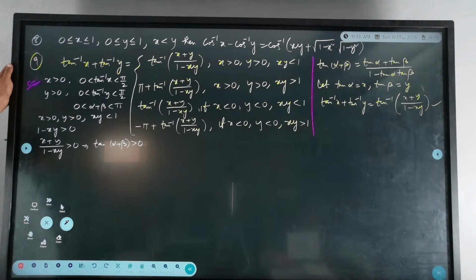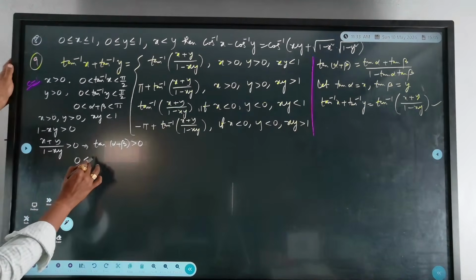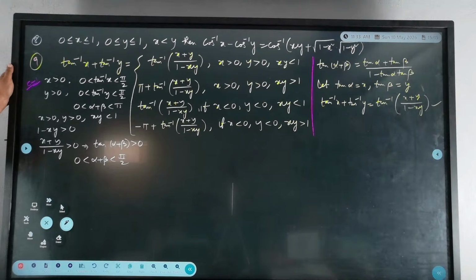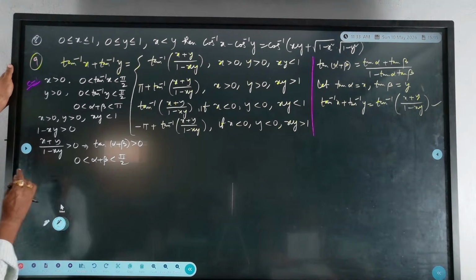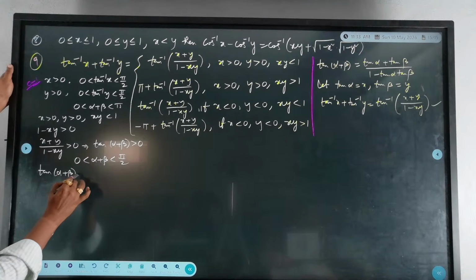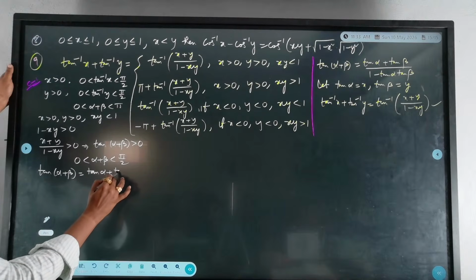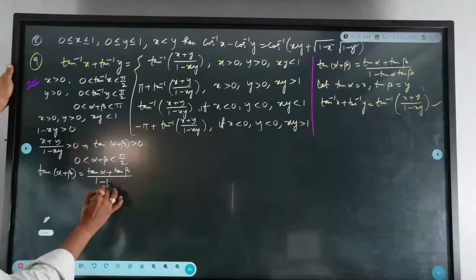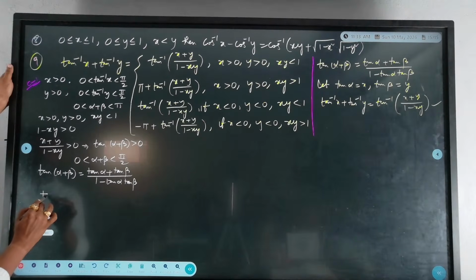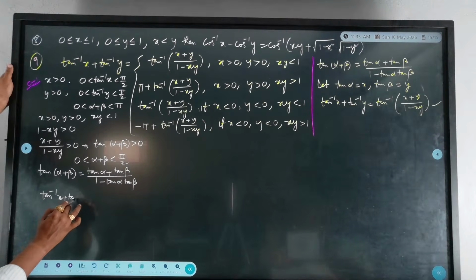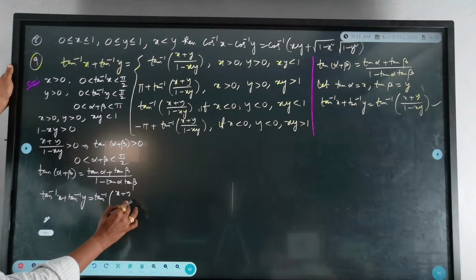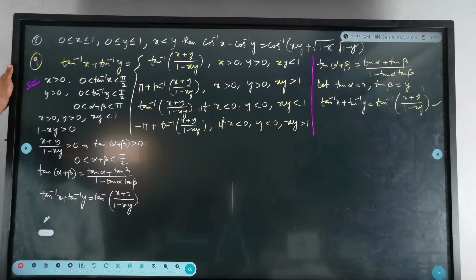Therefore 0 less than alpha plus beta less than pi by 2. Clear? So directly you can take tan alpha plus beta is equal to tan alpha plus tan beta by 1 minus tan alpha tan beta. Alpha means tan inverse x, beta means tan inverse y, is equal to tan inverse of x plus y by 1 minus xy.